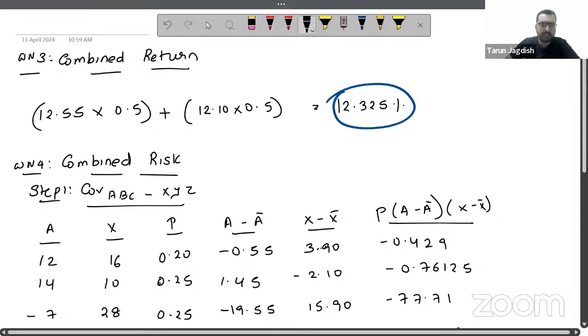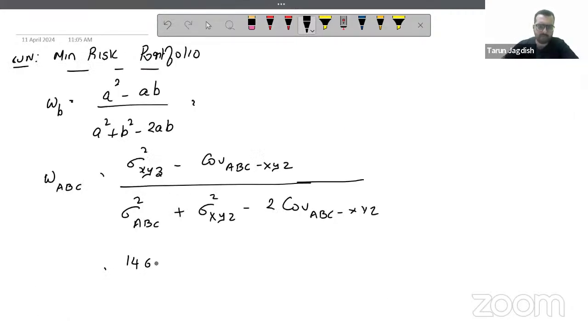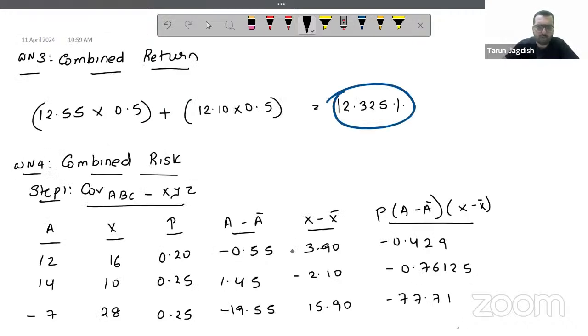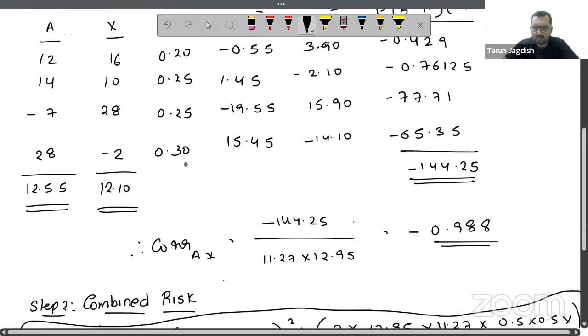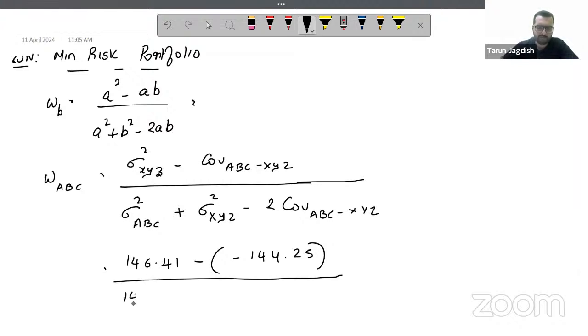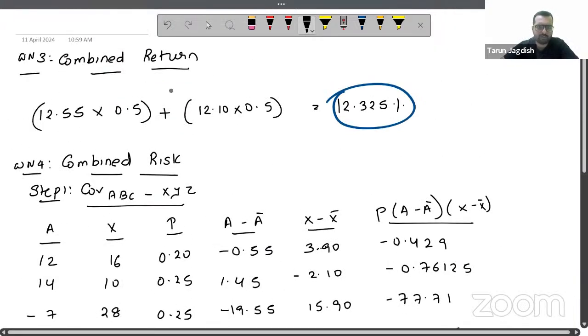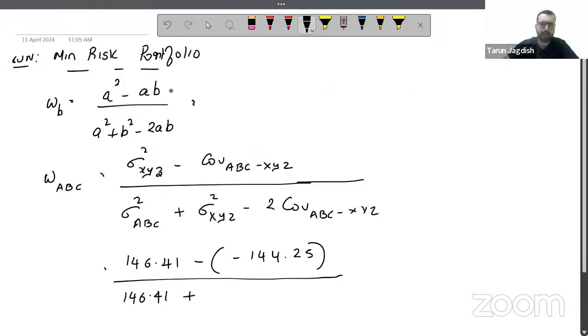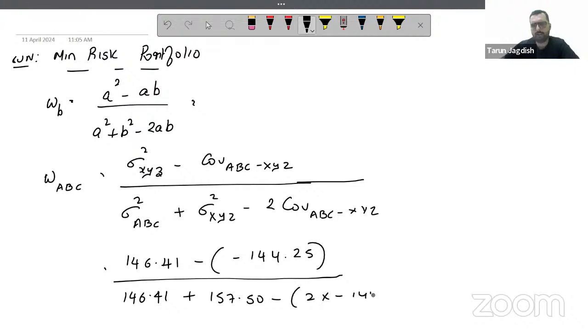Standard deviation of XYZ is 12.1. 146.41 minus 144 point something is your covariance, 144.25, whole divided by 146.41 plus variance of ABC, that is 12.55, 157.50 minus 2 into minus 144.25.